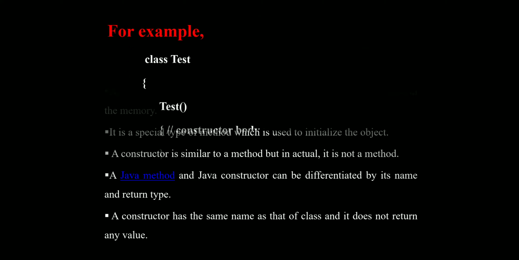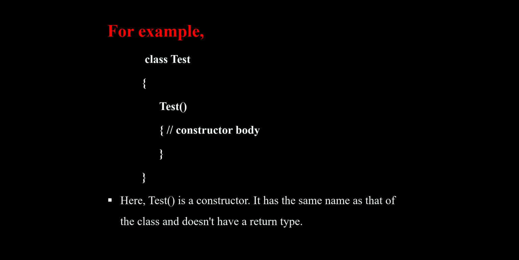Now we can see an example of how the constructor and methods are different. Here in this example we are declaring a class, class Test. Class is a keyword, Test is the class name. In the Test class we are writing a constructor, that is Test.